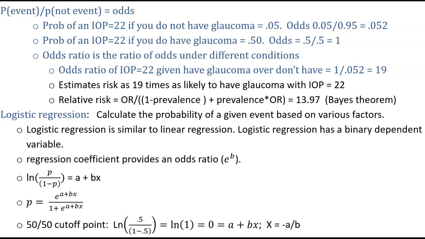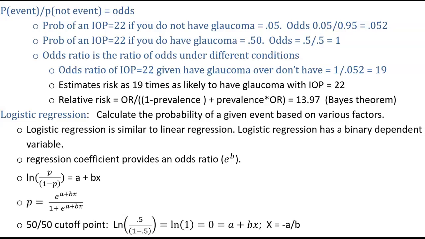What's the probability of that? About 0.05. So the odds are 0.05 divided by 0.95, which is 1 minus 0.05, and that's an odds of 0.052.